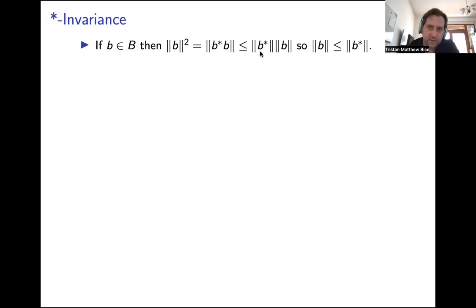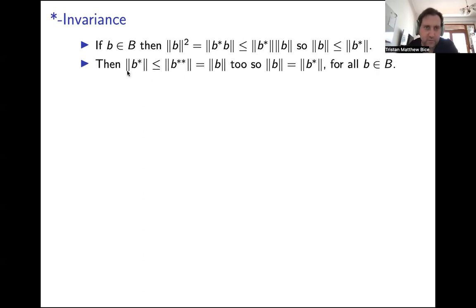And subadditivity tells you that this is below this expression here. And then you divide by the norm of B, and so this tells you norm of B is below the norm of B star. But star is an involution, so B double star is just B. So if you replace B with B star here, well, this gives you the reverse inequality as well. So these two things actually have to be equal.